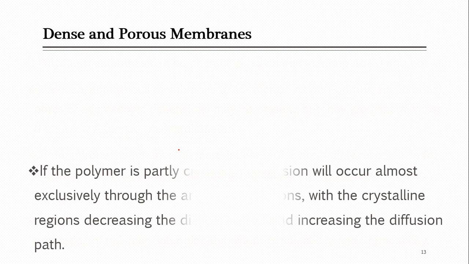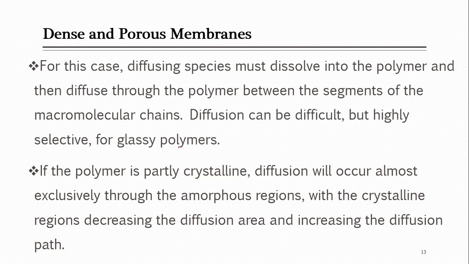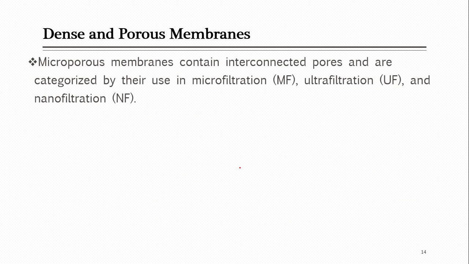Through these materials, diffusion mainly takes place along the paths of the chains: the component which can diffuse will pass through the polymeric chains and leave at the other end, and the other can't pass through that.